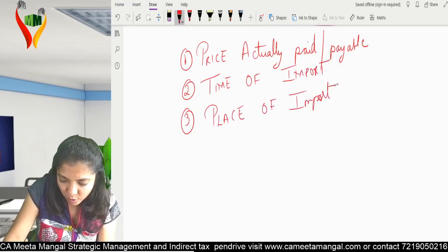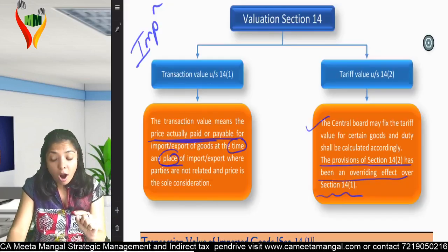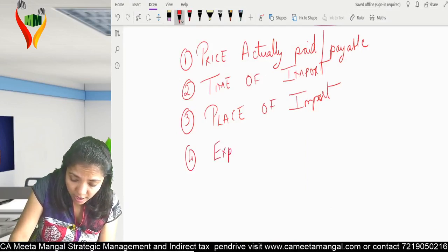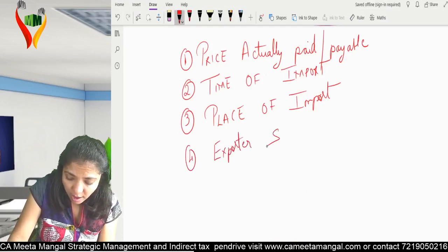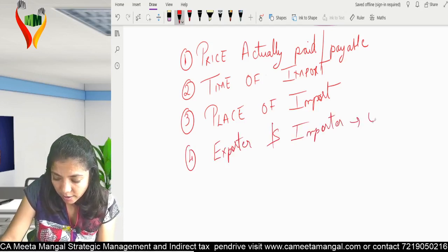I'll explain this word, don't worry. Where parties are not related, where exporter and importer are unrelated parties.